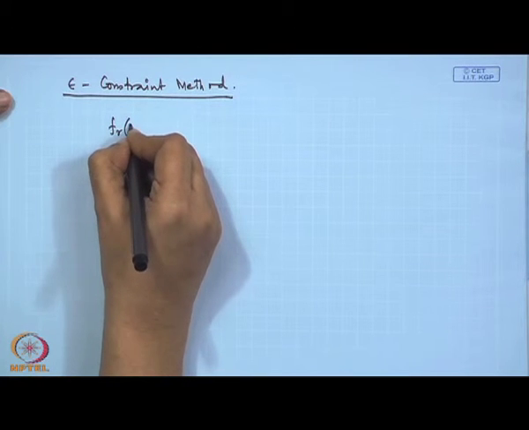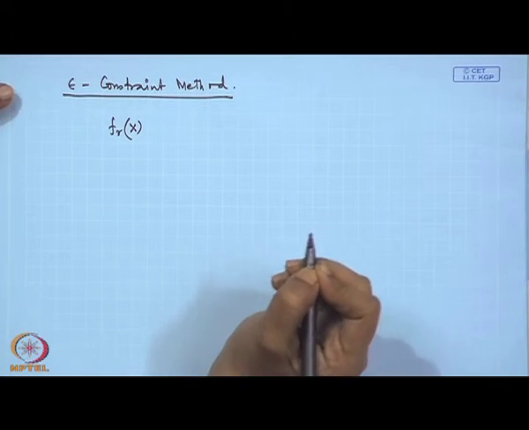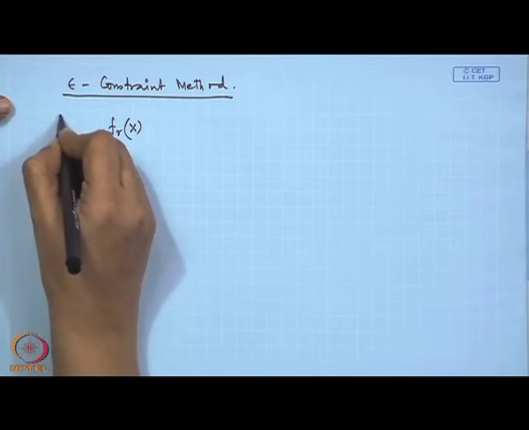That means we have the model maximize f1(x), f2(x), up to fk(x), and if I feel that some r is the most important function for us, then what will we do?